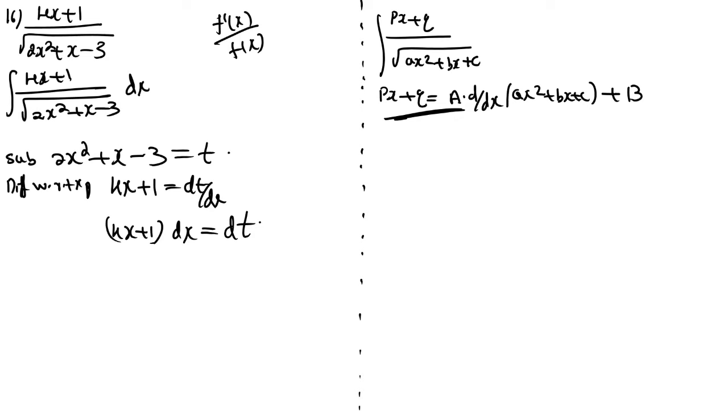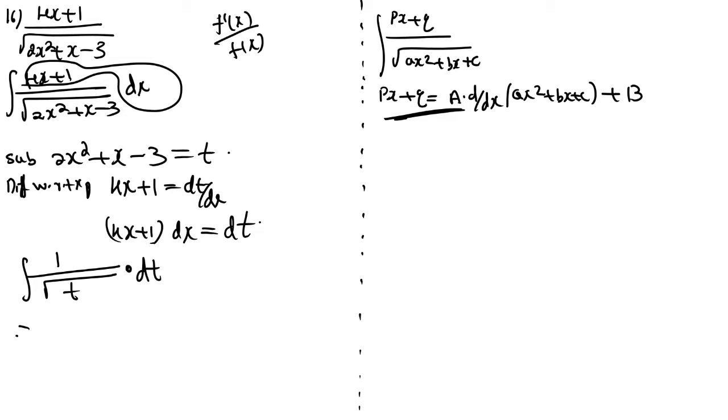So substitute here, what you will get: integration of 1 divided by square root of 2x square plus x minus 3 is t, into 4x plus 1 into dx. 4x plus 1 into dx is equal to dt. So it is equal to integration of 1 by root t into dt. Simplify, right?